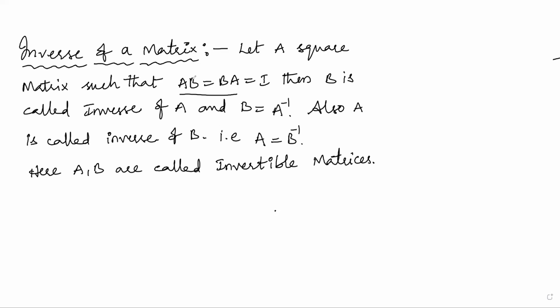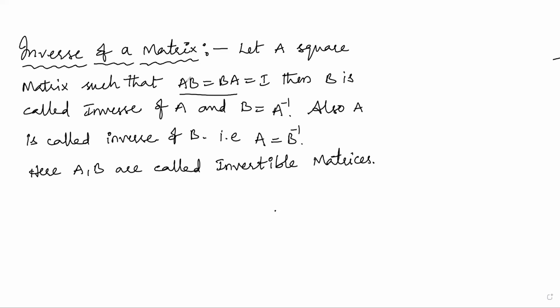Since AB equals BA should hold, A and B must be square matrices. For a rectangular matrix there is no inverse; we don't discuss the inverse for rectangular matrices. Only for square matrices do we discuss the inverse.